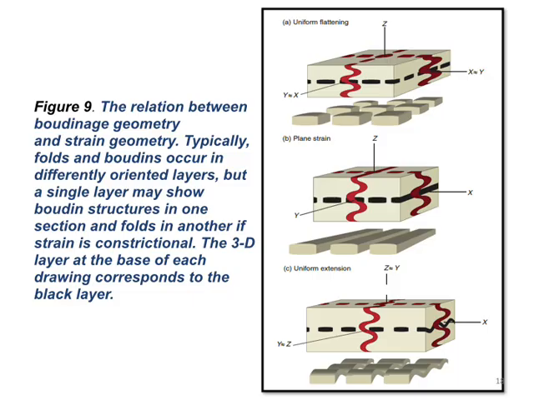The third is a single layer might show boudins in one cross section and folds in another, especially in constrictional strain, that is Z is greater than X is equal to Y. Constrictional strain is where the rock is extended in one direction and shortened equally in the other two, which might lead to simultaneous folding and boudinage.